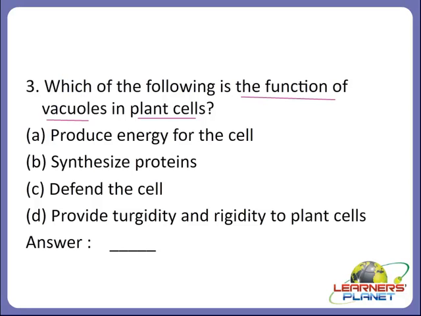As they store different types of material and get filled up with water as well as sugars and other components, they swell up. As they swell up, they push the nucleus towards a side and occupy most of the space in the plant cells, and therefore they become turgid. Thus we can say vacuoles in plant cells provide turgidity and rigidity to the plant cells.